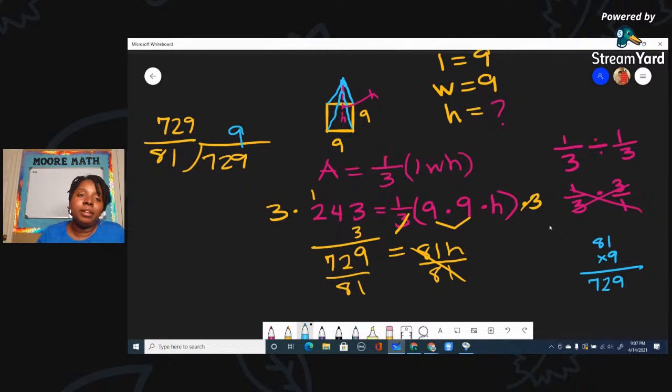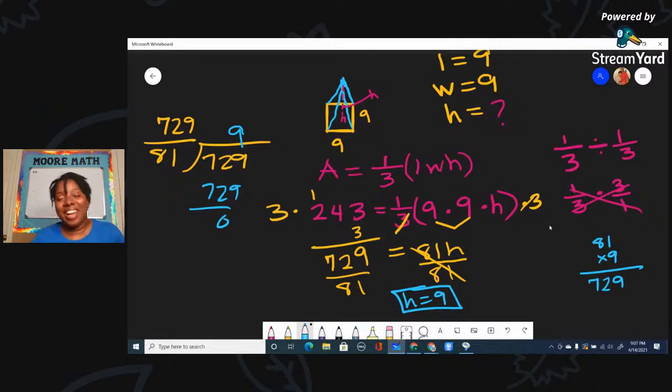Nail on the head. So h equals 9. Oh, wow, look. It was a nice, pretty number. They all were 9, right? So it was 9 times 9 times 9 divided by 3. That worked out perfectly. I just made that up off the top of my head. So that is a pyramid.